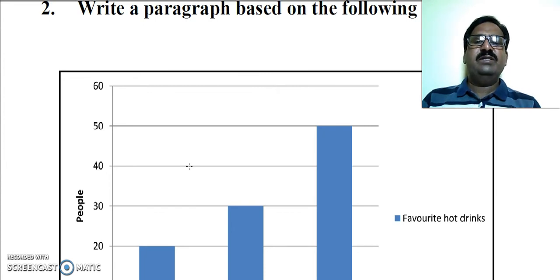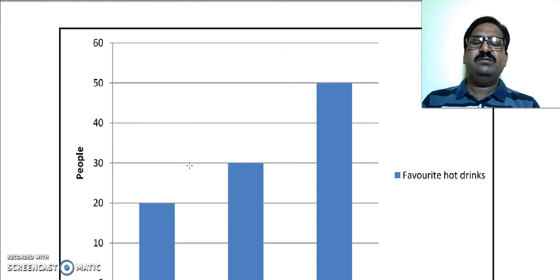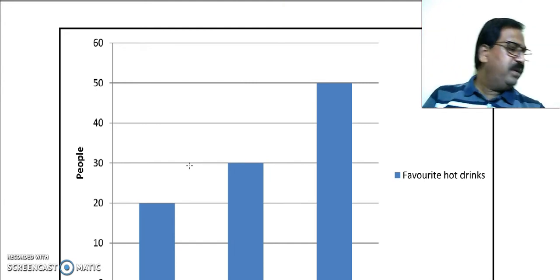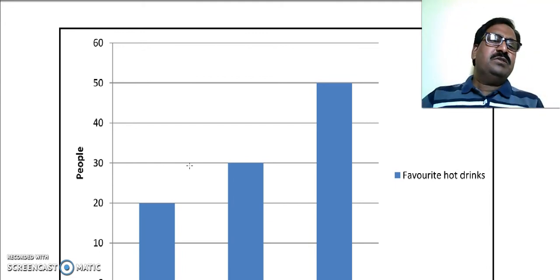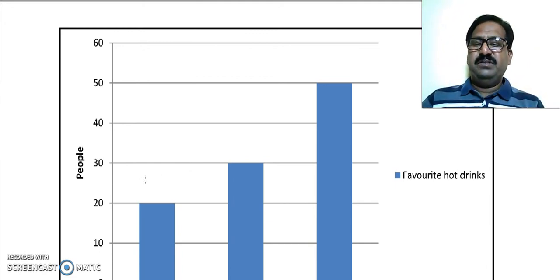These are various ways by which you can describe or show the information in various diagrams, and also you can interpret such kinds of diagrams.